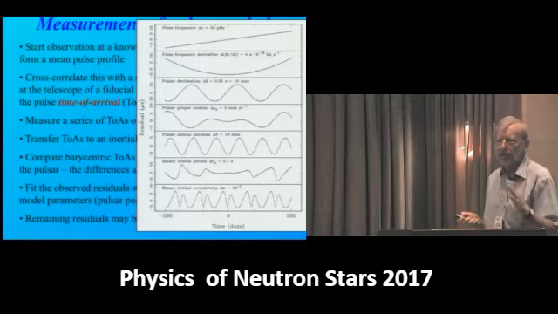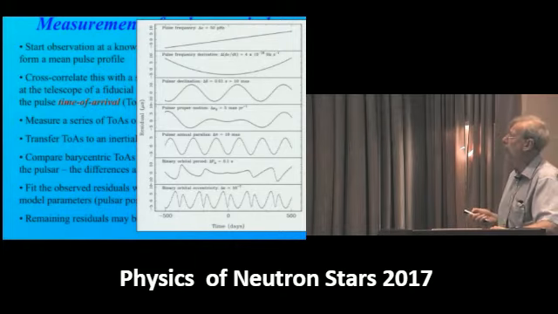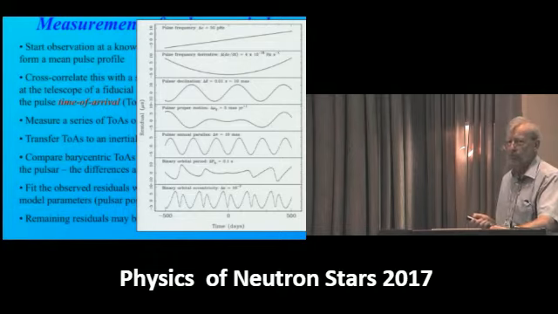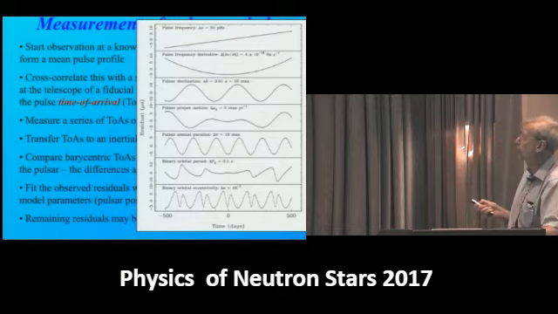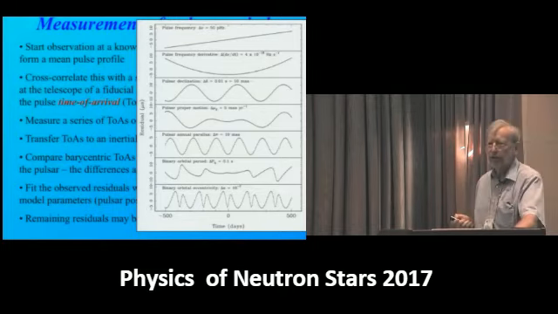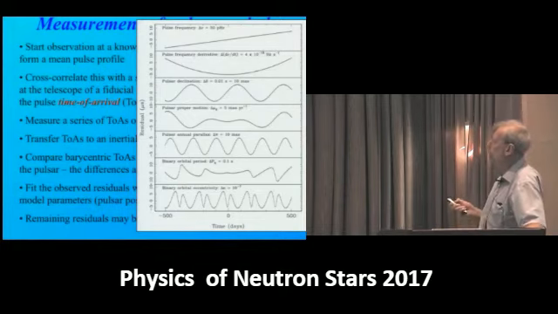Because of the barycentric correction, the position of the pulsar matters, and if that's incorrect, you get an annual term as the Earth moves around the Sun, and from the phase and amplitude of that you can correct the pulsar position and get very, very precise positions. You can even measure proper motions and parallaxes.